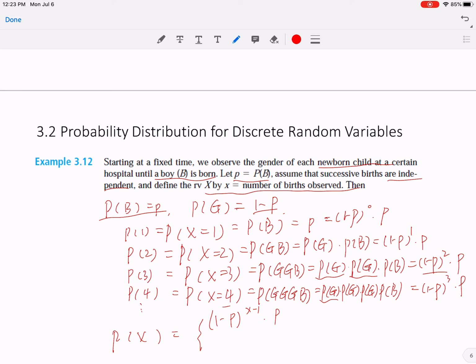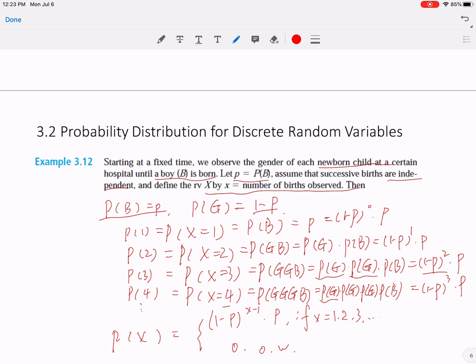And of course, this holds if x is any integer greater than or equal to 1. So x is 1, 2, 3, and so forth. And of course, 0 otherwise.